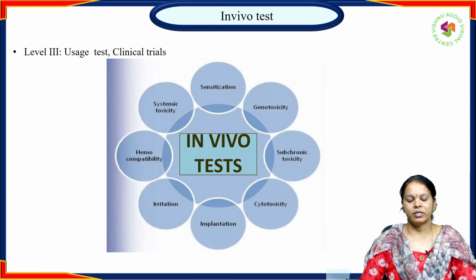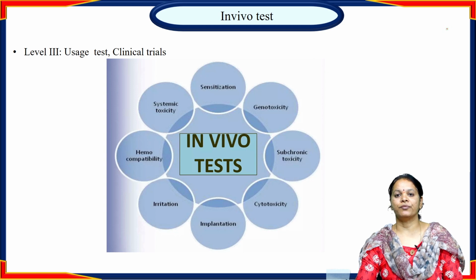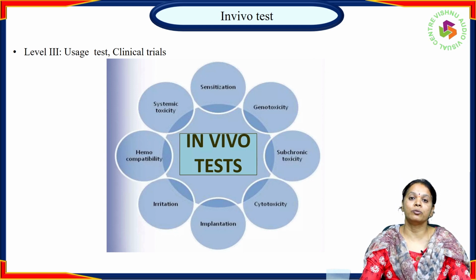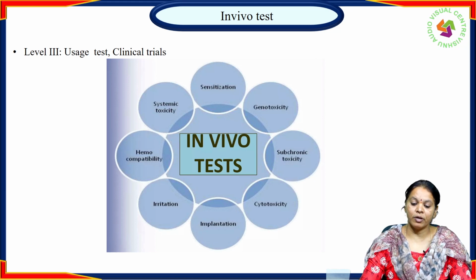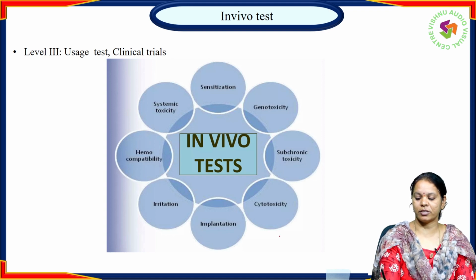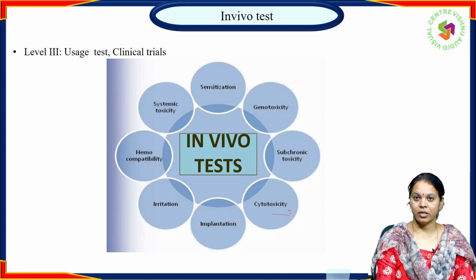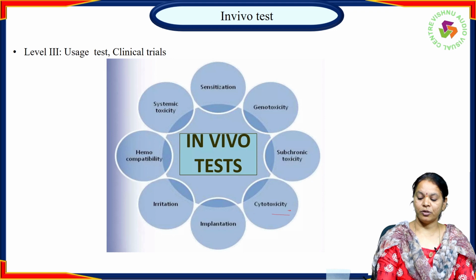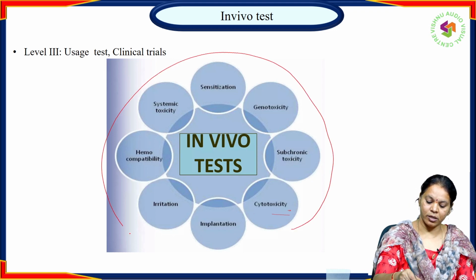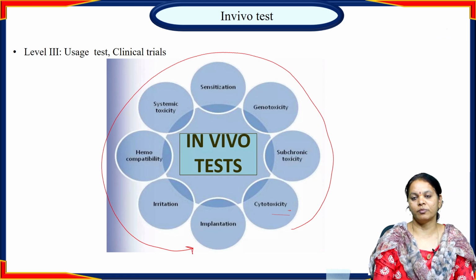So the in vivo test at level 3 is of major interest as it involves human volunteers in the analysis. For this, we will be using various levels of testing. We start from cytotoxicity, which is of major interest for the in vitro, so you're starting from the preliminary study to the entire implantation.